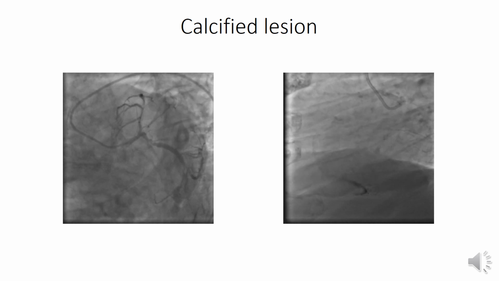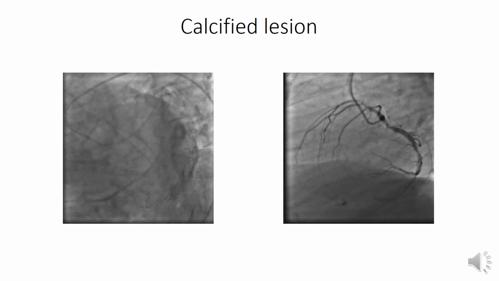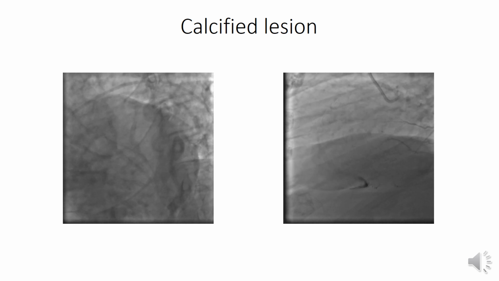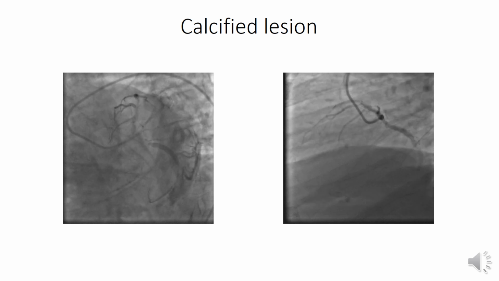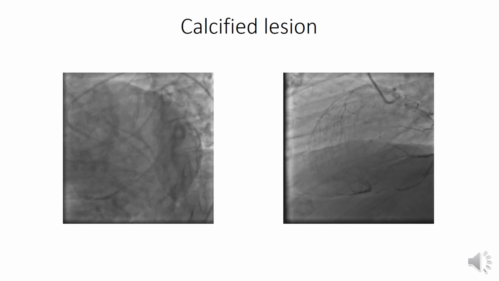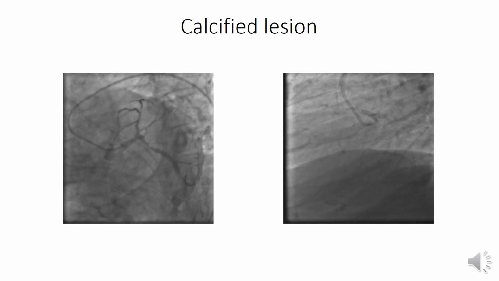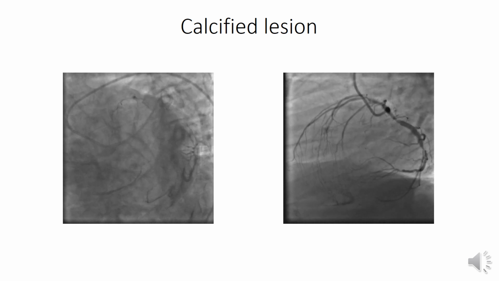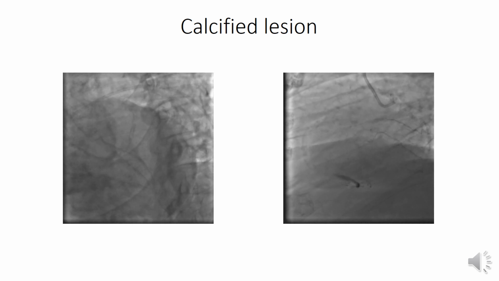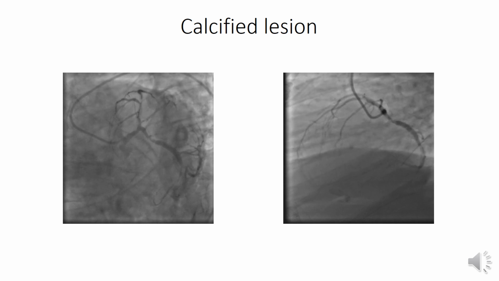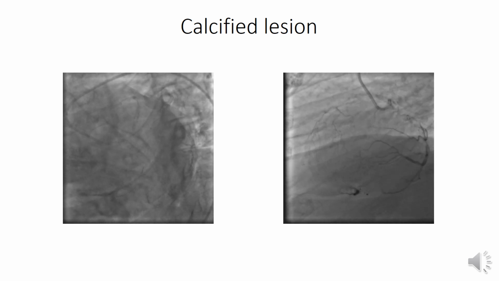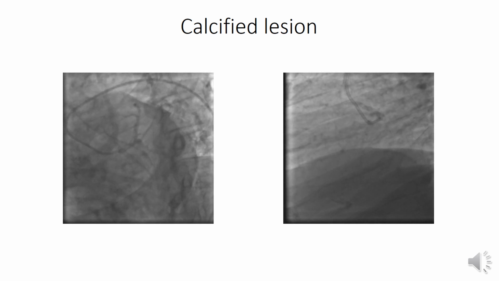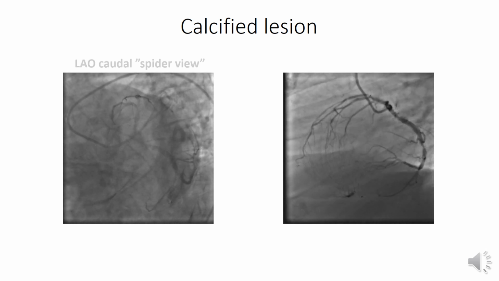Here is the spider view or left caudal view, and here is the lateral view. So if we have calcification that is seen in two orthogonal views, that means it might be exceeding 180 degrees of the vessel, or what is called circumferential calcification.